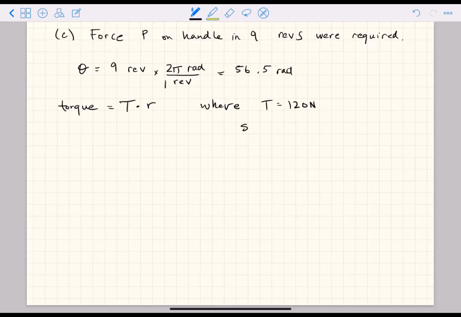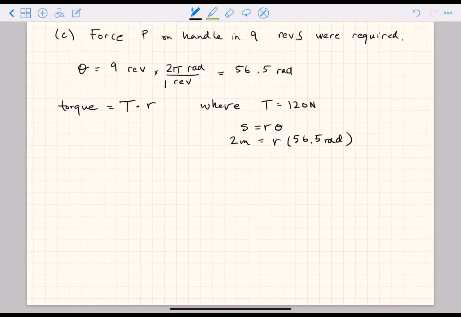Remember that? That is S is equal to R theta. So if we put in our values here, we know we have a total linear displacement of 2 meters, and that's equal to R times 56.5 rads.